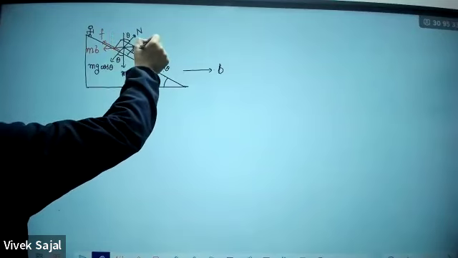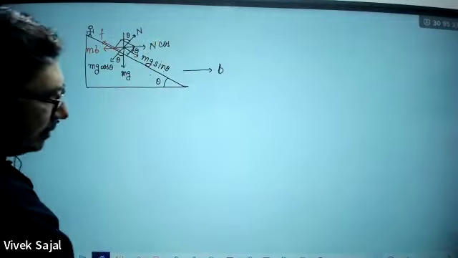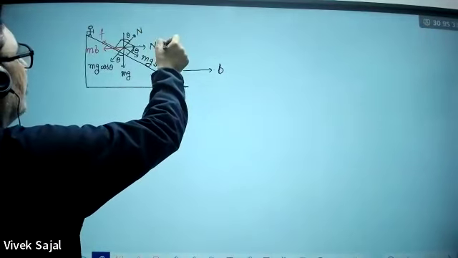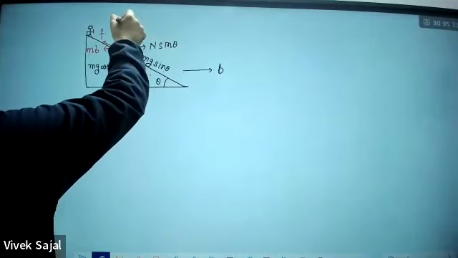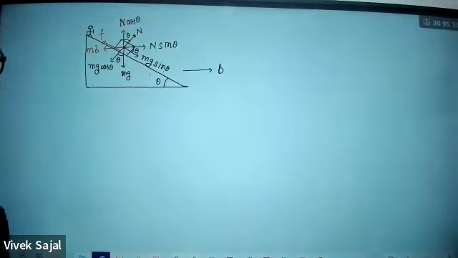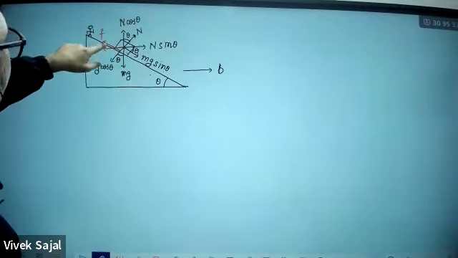So here this will be N cos theta. Sorry, N sin theta, if you want to balance this. I have written in all possible directions. And here it will be N cos theta. So basically you have resolved this, and mg is balanced by it.